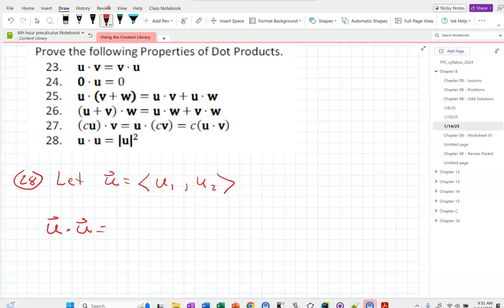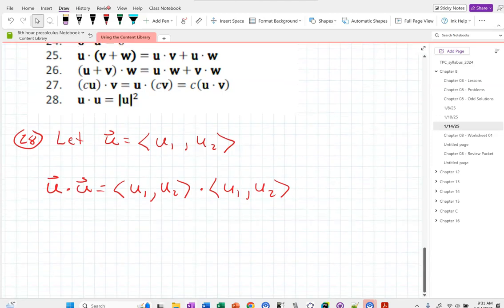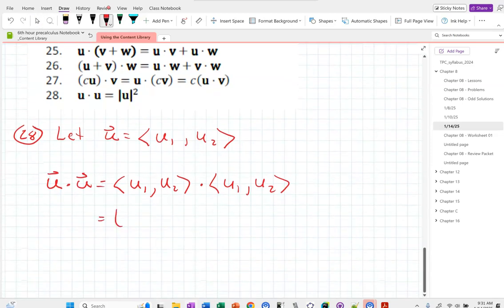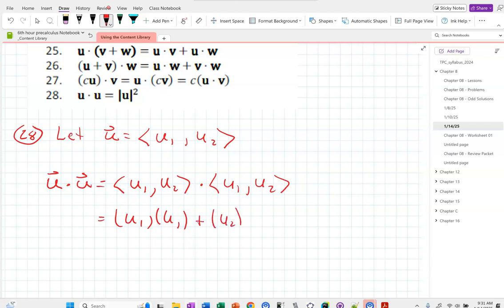If I do that dot product, that's u1, u2 dot u1, u2. The definition of a dot product says I multiply the x components together and then add them to the product of the y components. When I multiply u1 times u1, I get just u1 squared. I multiply u2 times u2, I get u2 squared.